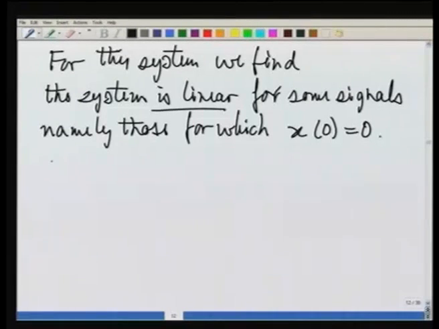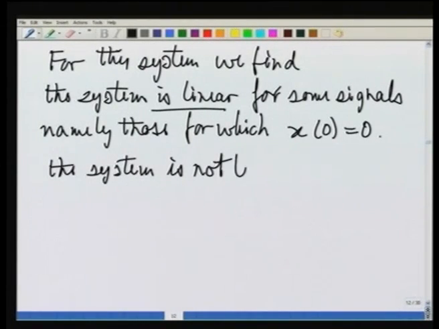The system, on the other hand, is not linear for other signals.